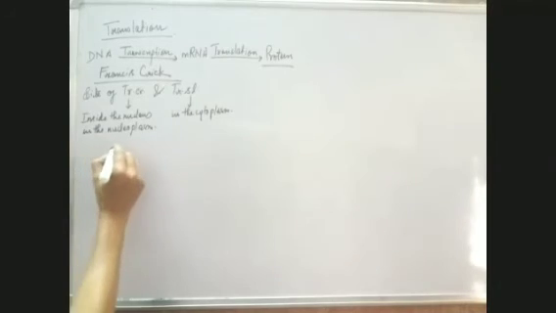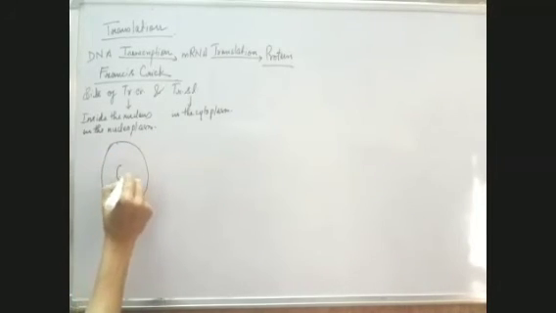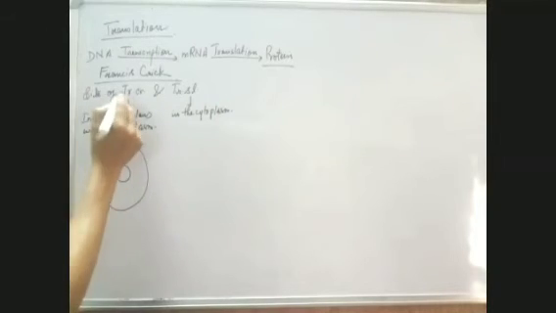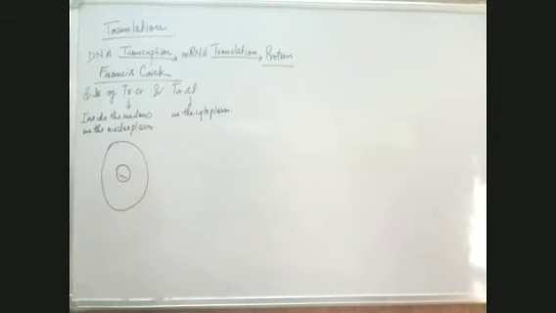If it is a cell, it has a nucleus here, and the transcription will take place here, and messenger RNA forms. Now this messenger RNA is of no use inside the nucleus. It has already been formed in the nucleoplasm. Now it has to undergo the next step, which is translation. But what is the site of translation?